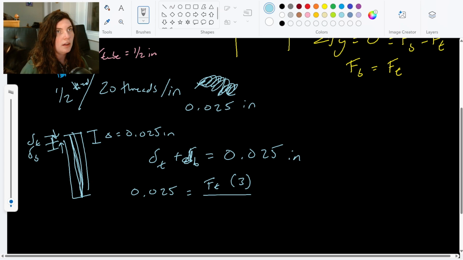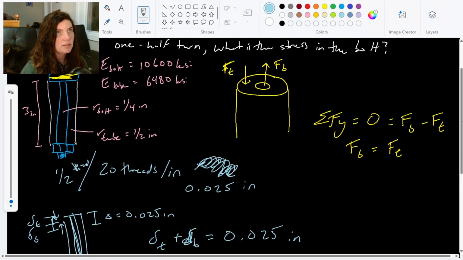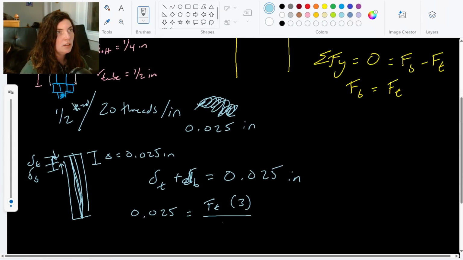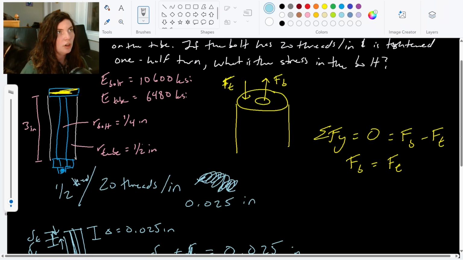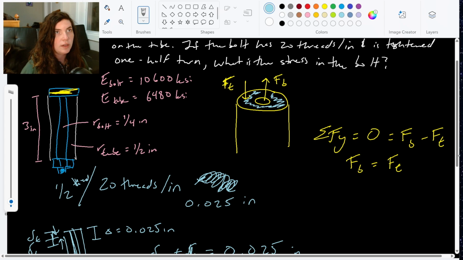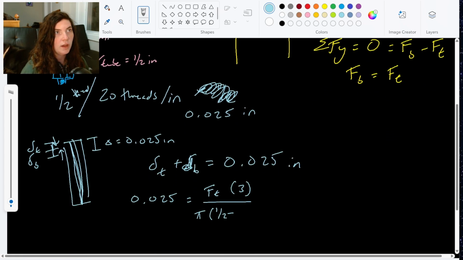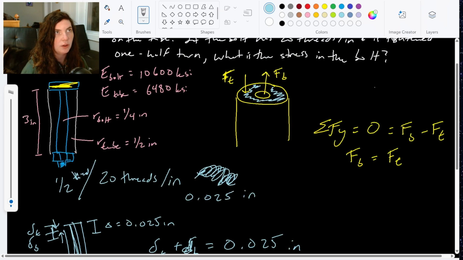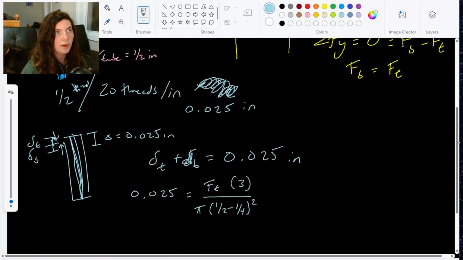That would be, let's see, our area of the tube. We are given a radius, so pi r squared. Pi times 1/2. Now note that the tube goes around the outside of the bolt, so we need to subtract out this bolt portion, right? This is only this outer portion here. So it's pi times (1/2 minus 1/4) squared, subtracting out that bolt radius.